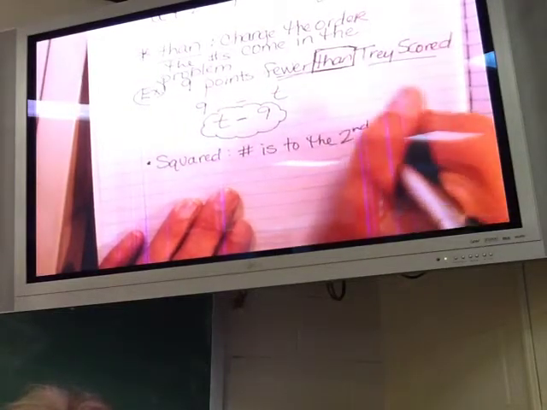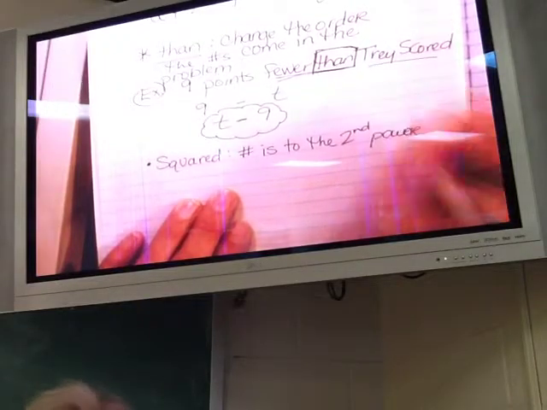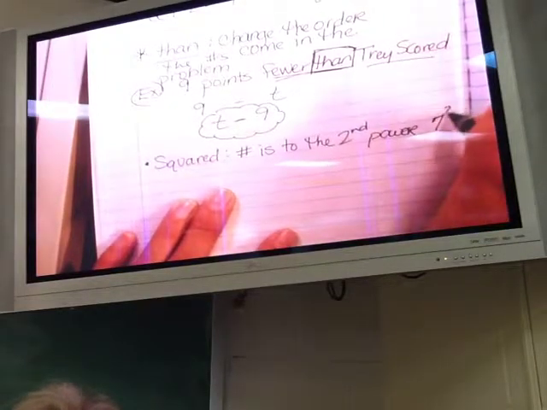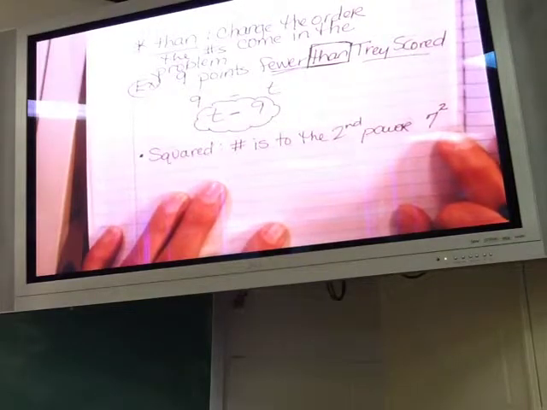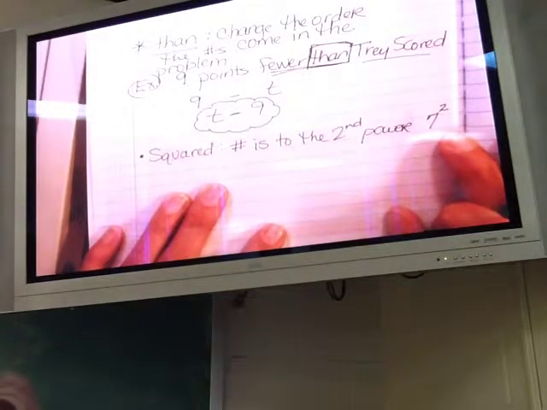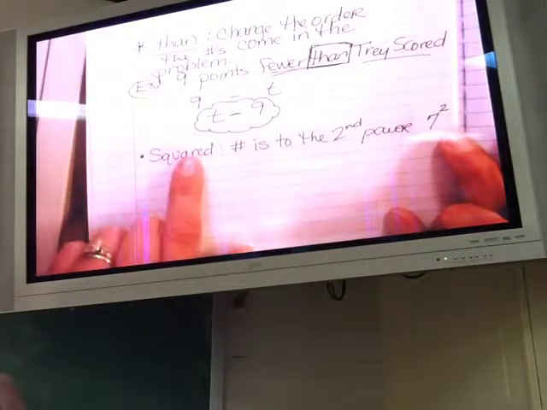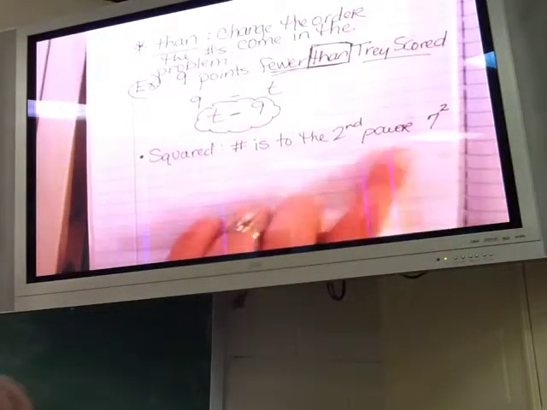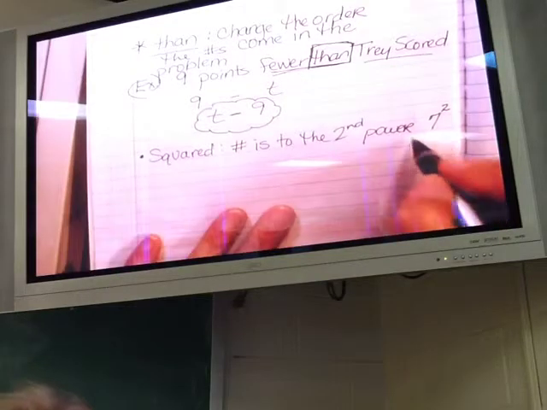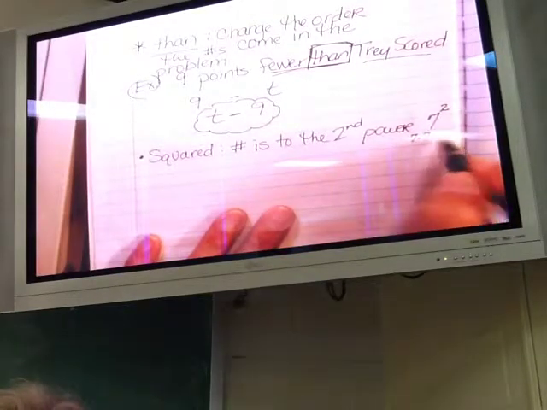Like 7 squared, which would be 49 if I needed to evaluate it, and we will have to do some of those. Anytime you see the word squared, it means put it to the second power, which really means 7 times 7, which is really 49.